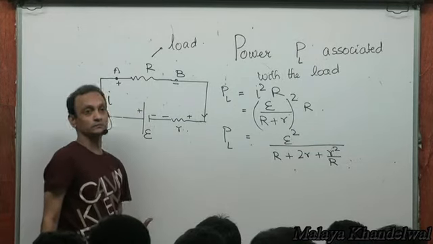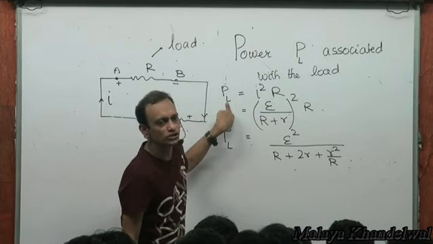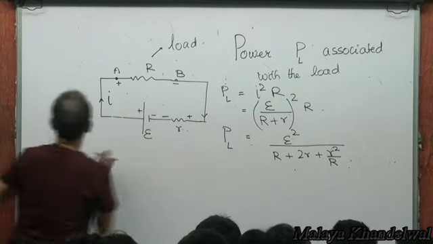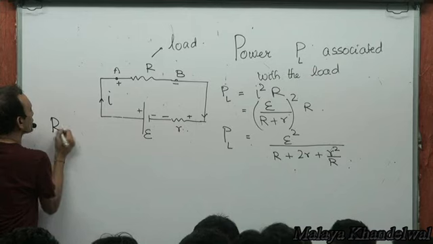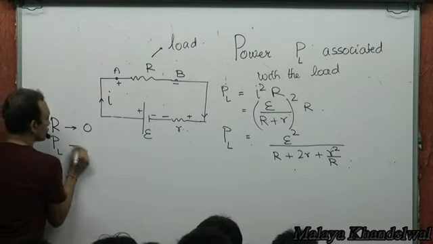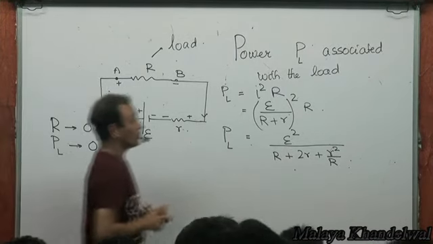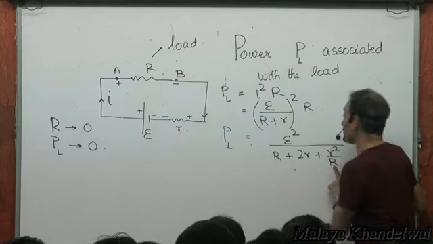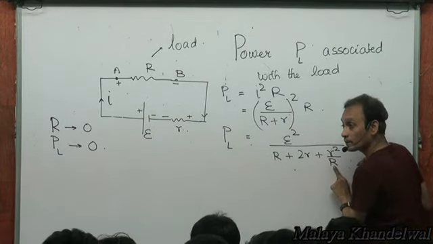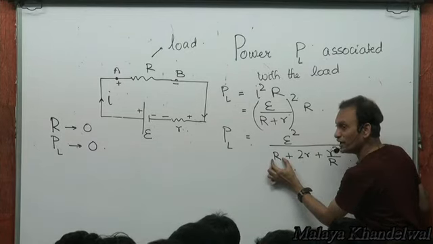Very clearly, when capital R is 0, the power across the load is 0. Right? When capital R tends to infinity, this will tend to 0 and this will tend to infinity.